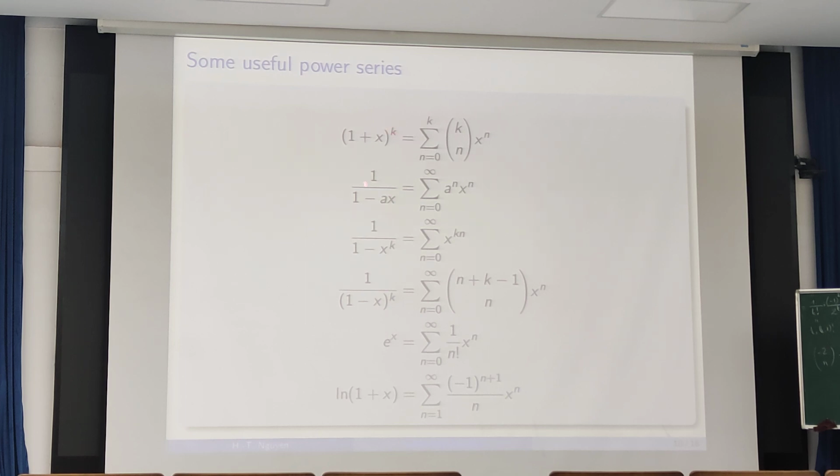Okay? The second one is a modification of the Maclaurin series, but instead of x, you have the term ax, where a is a constant factor here.